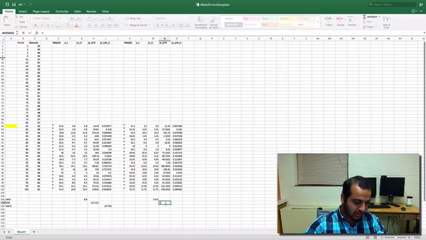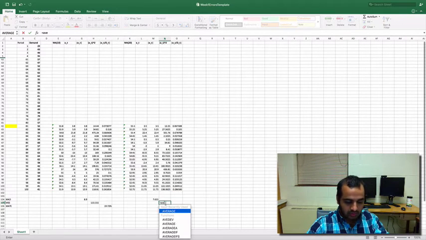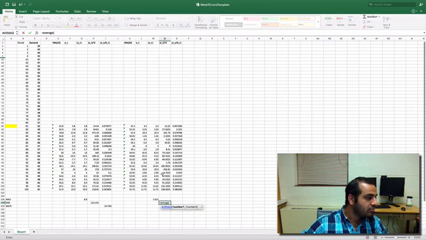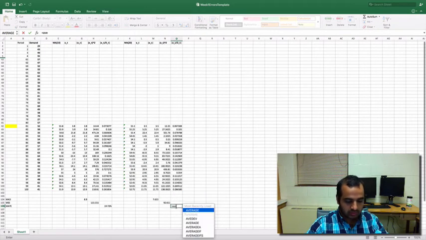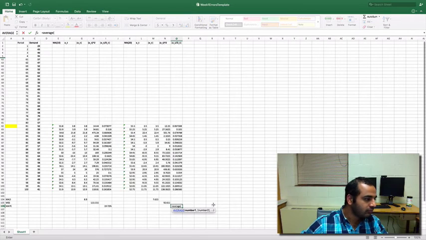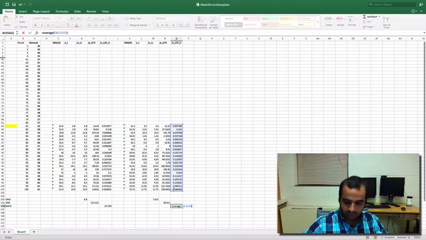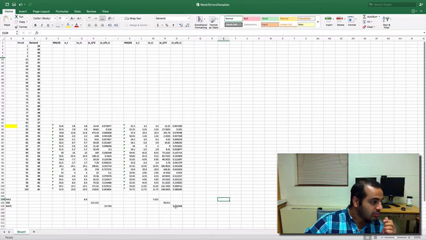Then calculate the mean squared error. Now let me calculate the mean absolute percentage error. Okay, so let me convert this into percentage.